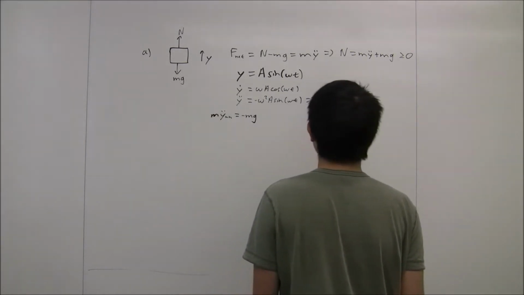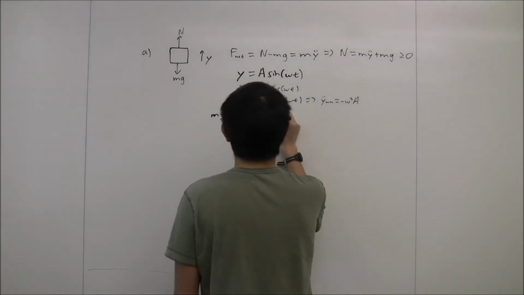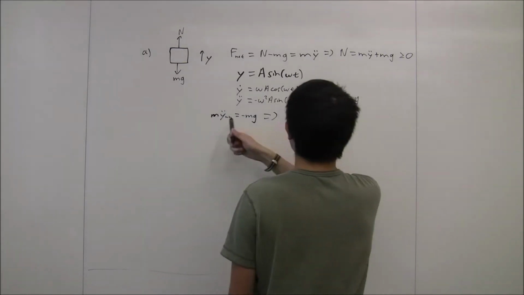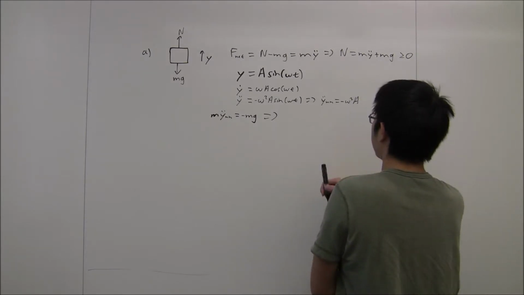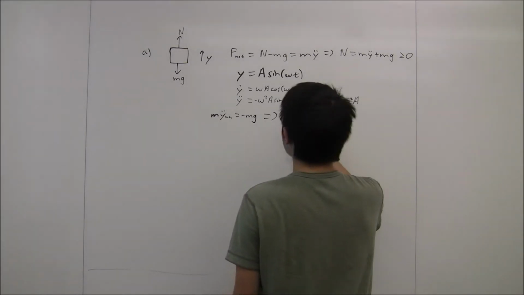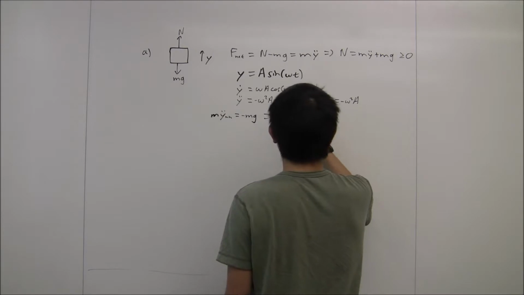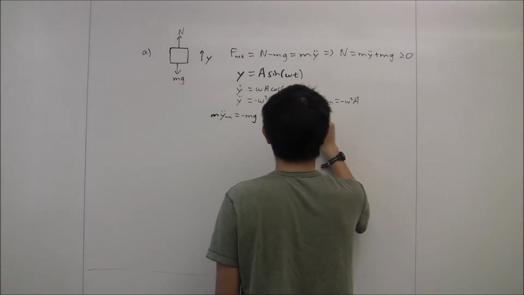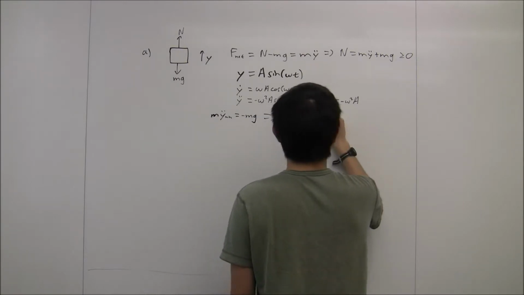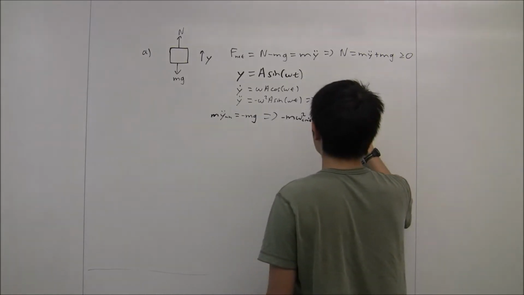So if you plug in for the minimum value of y double dot at the critical frequency, then negative omega critical squared times big A is equal to negative mg.